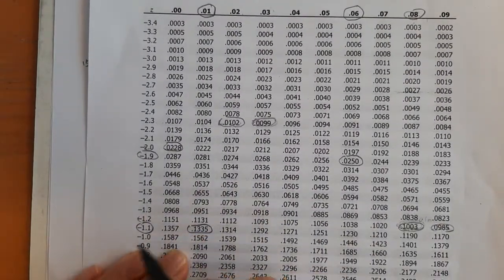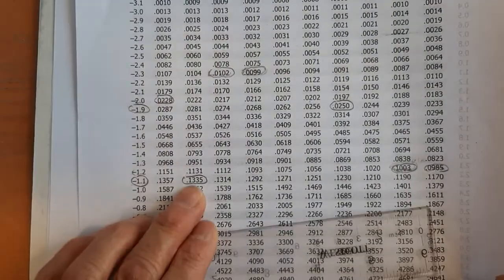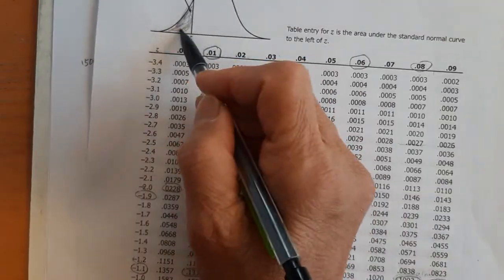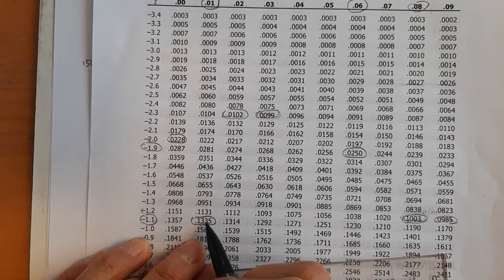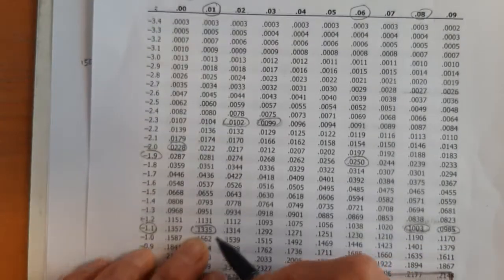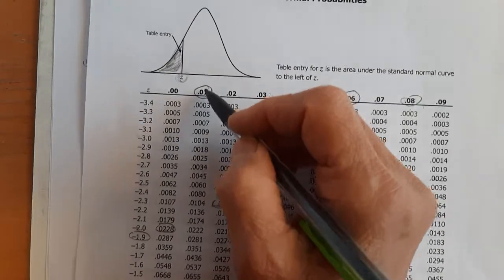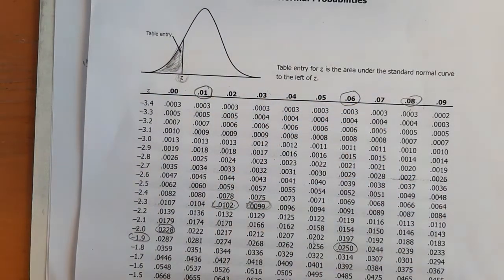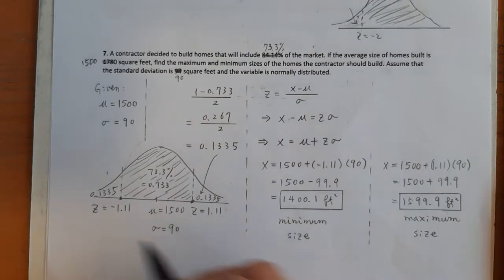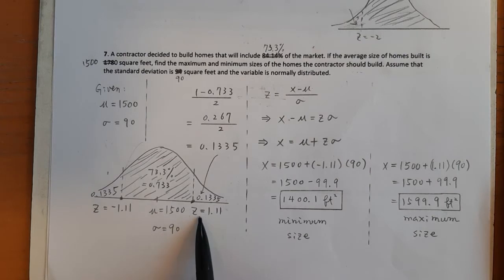So put together, negative 1.11. The probability to the left side is 0.1335, and the corresponding Z-score is negative 1.11. So this side is negative 1.11. And since it is symmetric, the other side is positive 1.11.